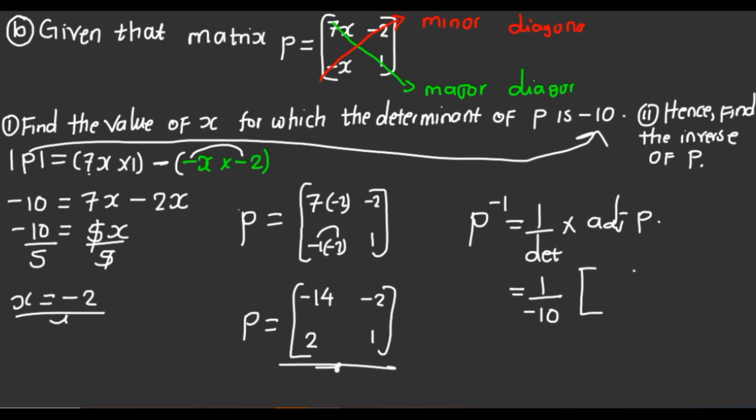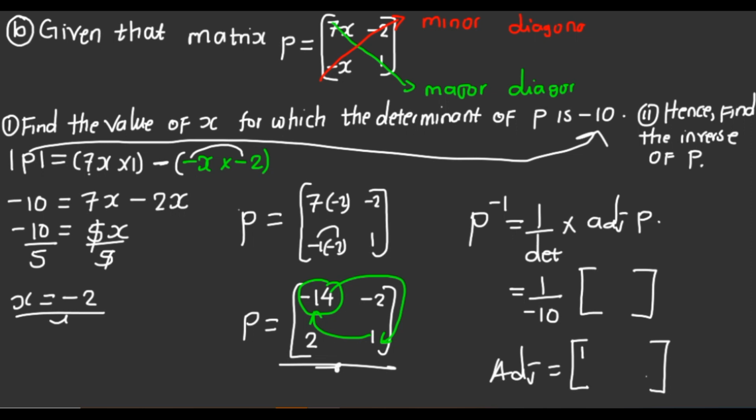So we can now find the adjoint. For the adjoint of a matrix, you interchange the position of the major diagonal. This simply means that this negative 14 will go where there is 1, then the 1. So the major diagonal, you just have to interchange the position.